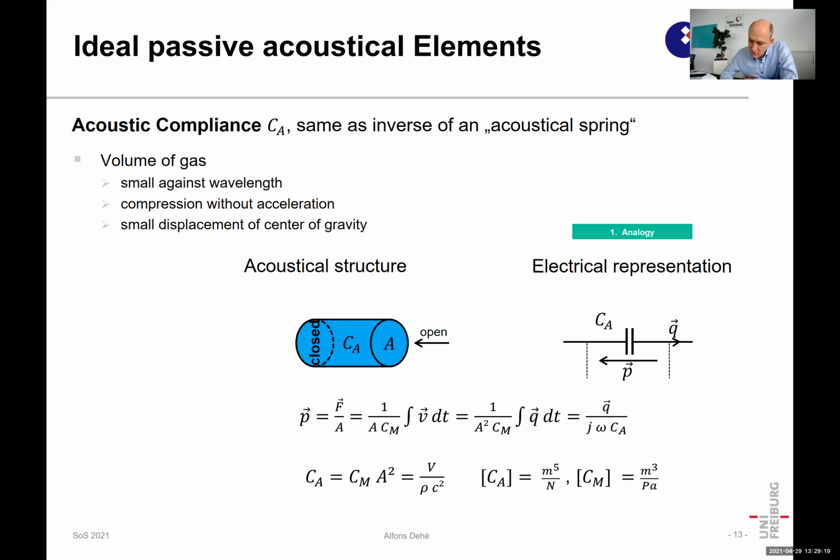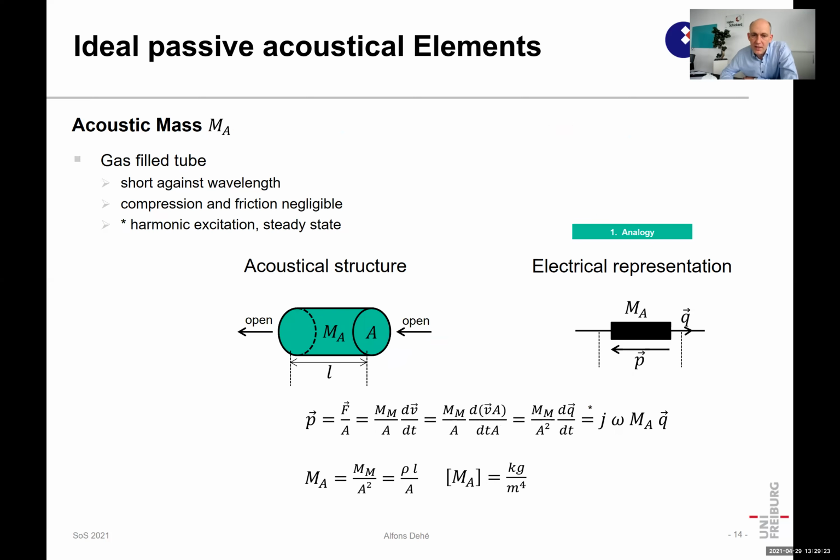So we have the resistor, we have the compliance, and now we have the acoustical mass. Of course, a mass is a mass, also it is the mass of air which is working here, and simply we can see that the acoustical mass is finally the mechanical mass divided by the area squared, density times the length of such a tube divided by its area.